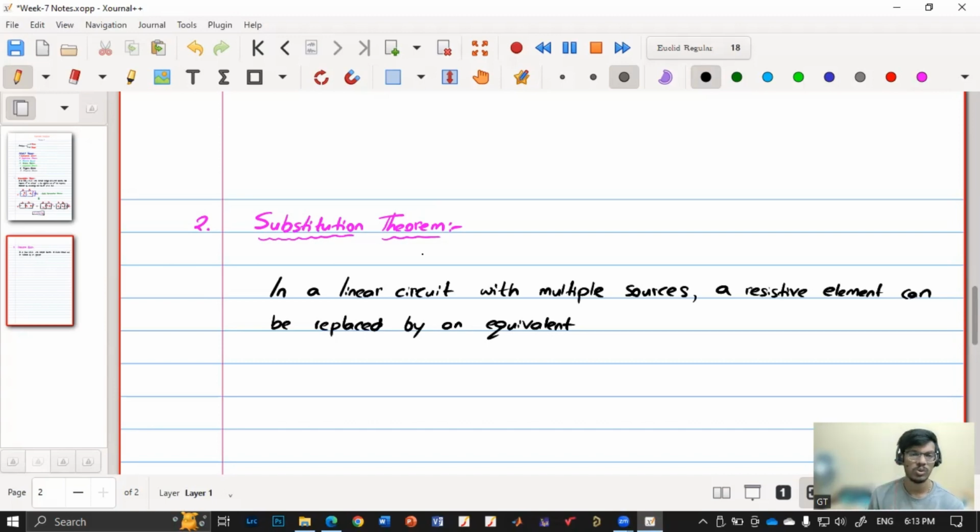So either if you want to convert it to a voltage source, that is fine, or a current source. It's not both. So either you can convert it into a voltage source or current source.